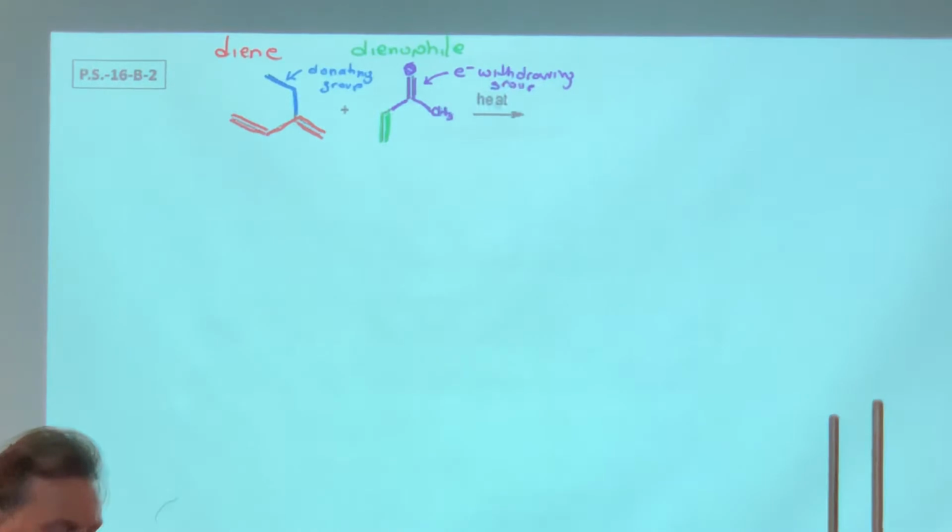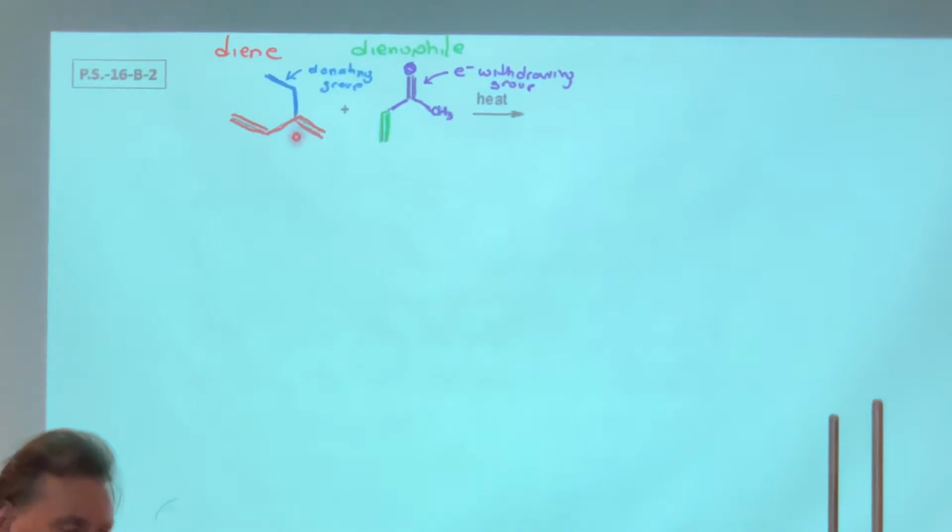But by putting the blue and the purple, you have some orientation, left and right and so forth. Not only this, but you make the red backbone more rich because you donate, and you make the green backbone more poor because you're withdrawing. So that's what you want. Parenthesis, what would happen if I switch the blue and the purple? No reaction.